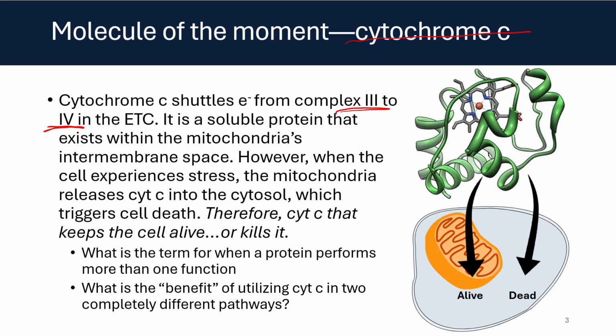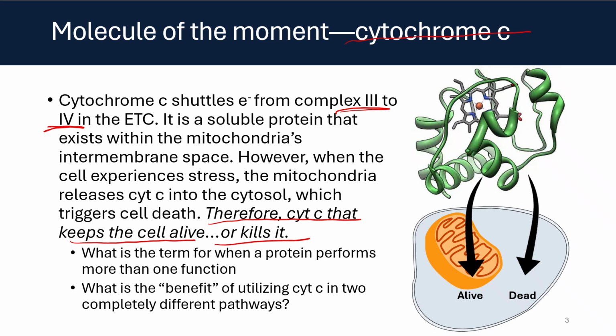However, when the cell experiences stress, the mitochondria will release cytochrome C into the cytosol, and once it's out there, it will begin to trigger the death cascade. Therefore, this is interesting, cytochrome C is a protein that keeps the cell alive or kills it. Depends on where it is in the cell at a given time.